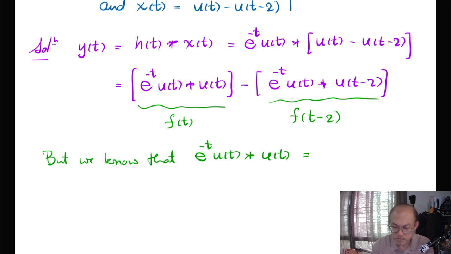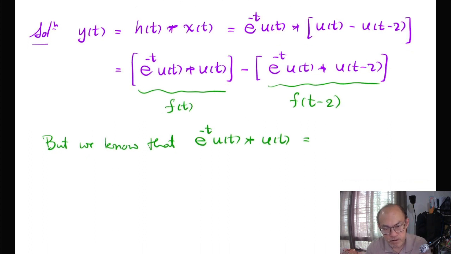So I'm just going to use the result that we have. This is equal to 1 minus e to the minus t, u of t.